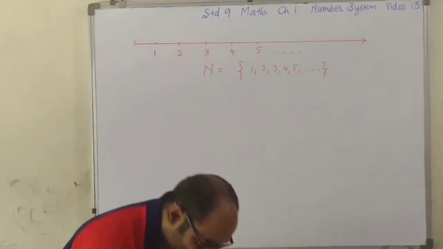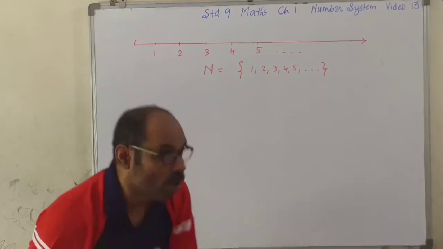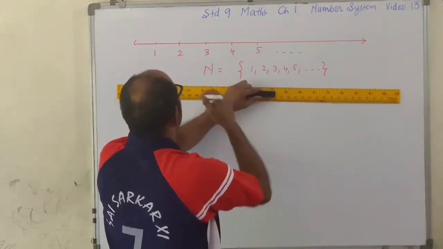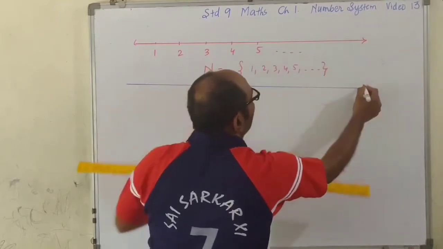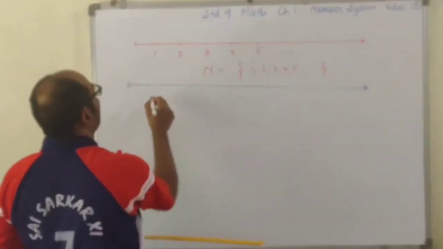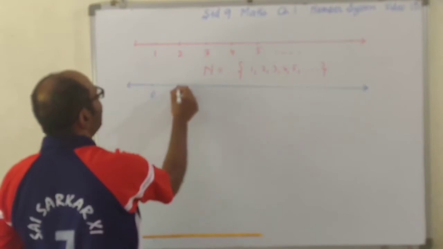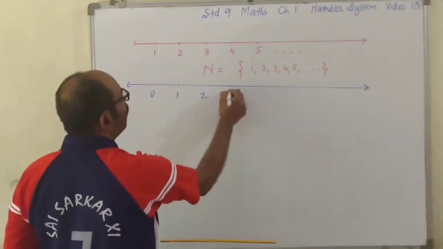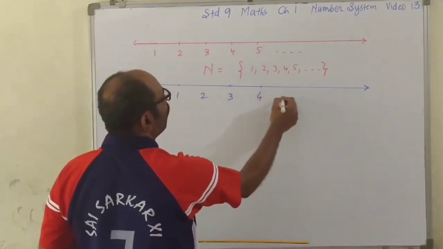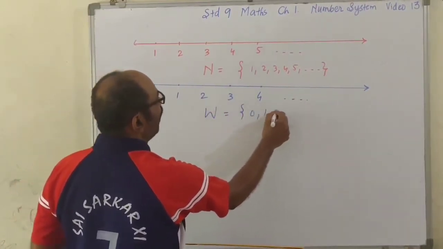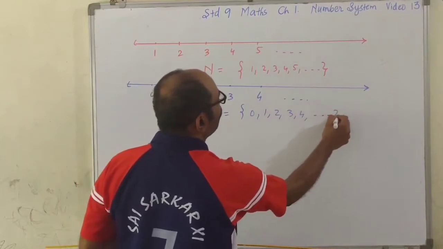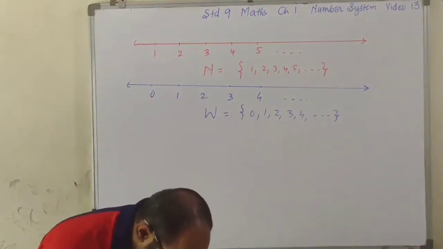Alright, let's see the second set, whole numbers. 0, 1, 2, 3, 4 and so on. Whole numbers W. Correct?